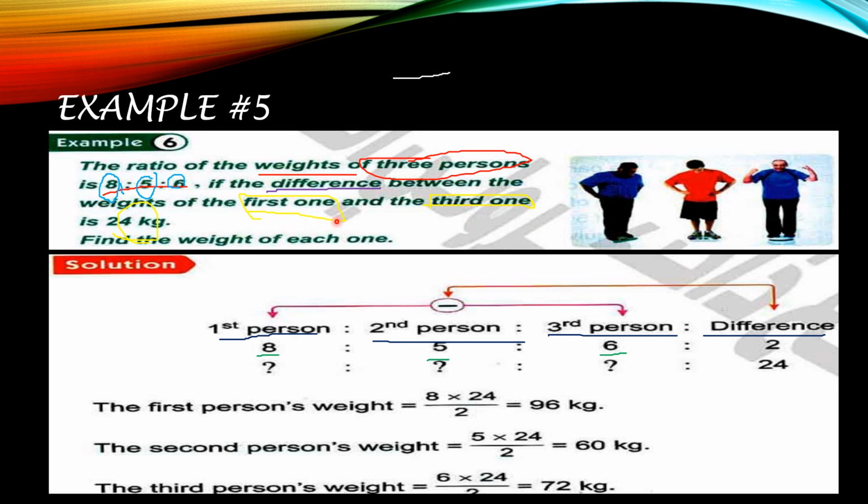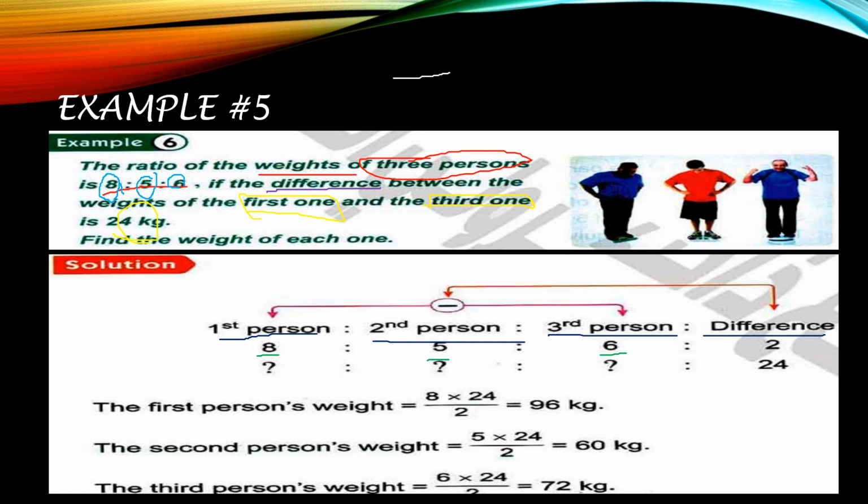So we're going to find the difference between the parts of the first one and the parts of the third one. The parts of the first one is 8, the parts of the third one is 6, so we subtract: 8 minus 6, which is 2. Now we know that the first person has 8 parts, the second person has 5 parts, the third person has 6 parts, and the difference has 2 parts.